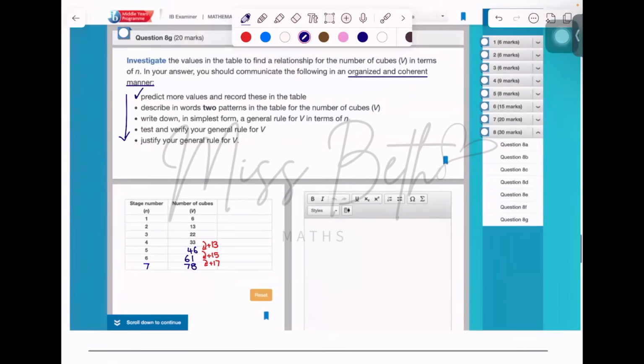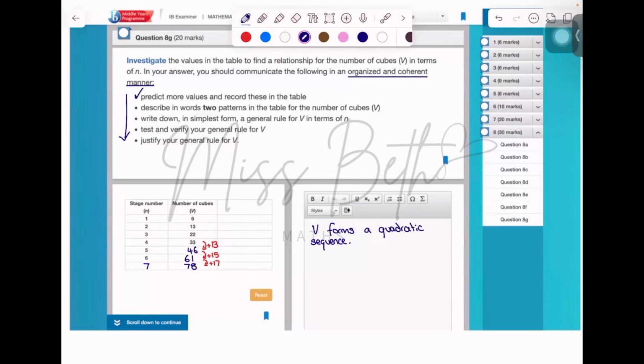We predicted more values. So now what we need to do is describe in words 2 patterns in the table for the number of cubes V. So you could write that V forms a quadratic sequence. Okay, the difference between each stage increases by 2 each time. Okay, and I would give the example of this particular question and what's actually happening.